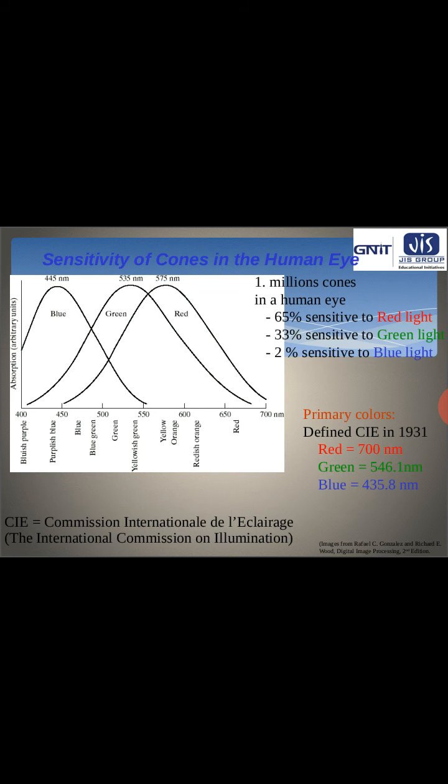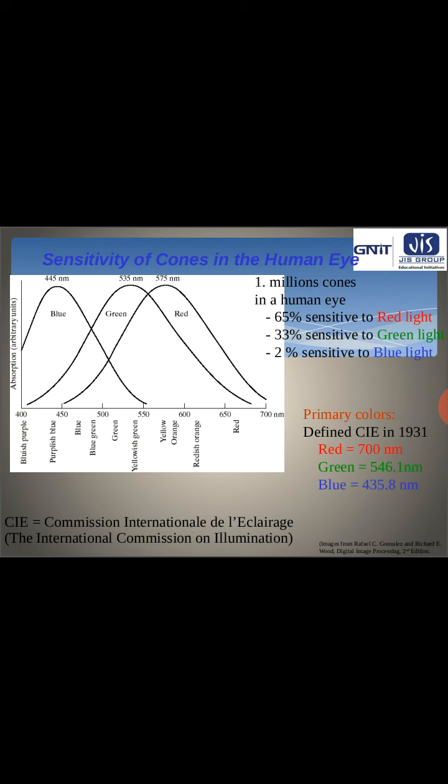Now this is the sensitivity of cones of human eyes, which is represented here in graphical format. So 1 million cones in a human eye are represented there. Among them 65% are sensitive to red light, 33% are sensitive to green light, and only 2% are sensitive to blue light.